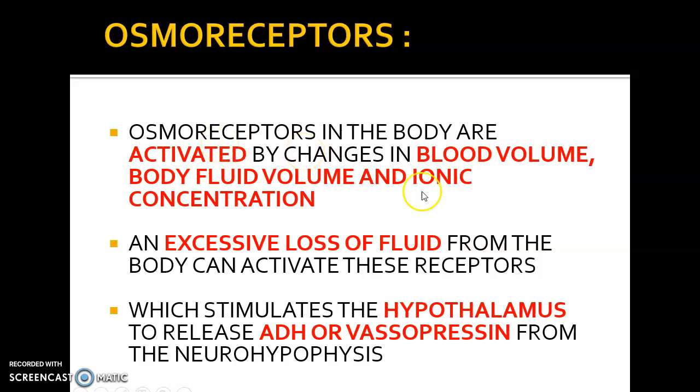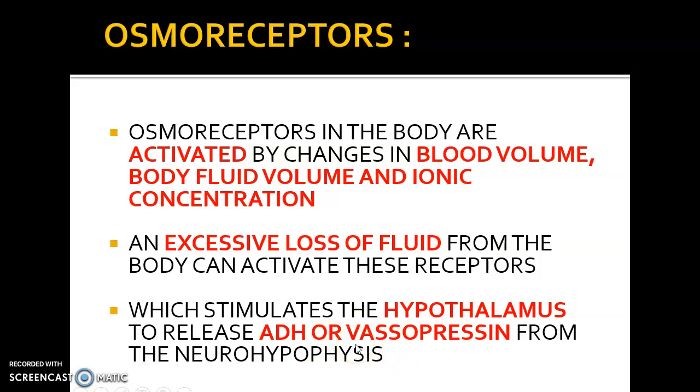So osmoreceptors in the body are activated by changes in blood volume, body fluid volume, and ionic concentration. An excessive loss of fluid from the body can activate these receptors. So whenever there is a decrease in the level of fluid in our body, or an excessive loss of fluid, then these osmoreceptors will get activated, which stimulates the hypothalamus to release ADH or vasopressin from the neurohypophysis.